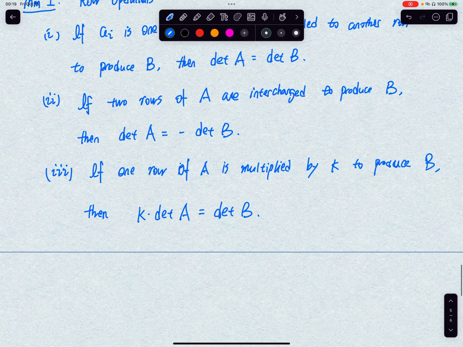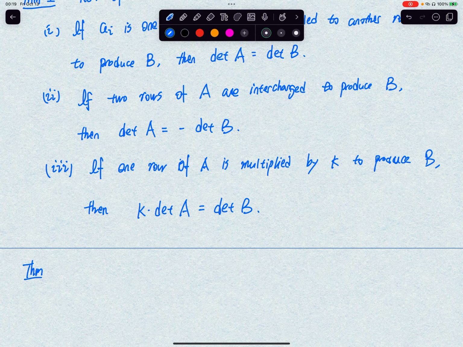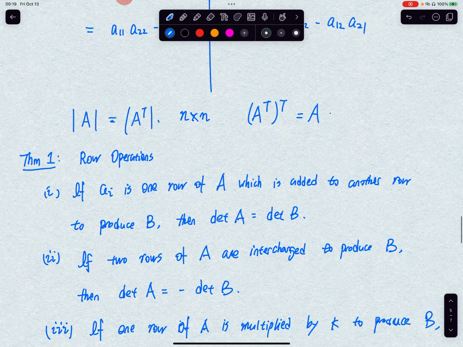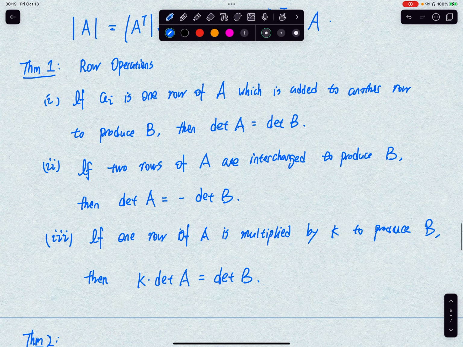And also, we have another theorem. So the first theorem allows us, in calculating the determinant, whether starting with a row or starting with a column, to deal with as many zeros as possible.